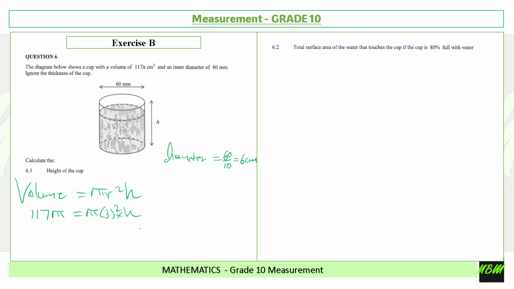And then we are going to divide both sides by pi times 3 squared, or 9 pi. Then we get 117 pi divided by pi times 3 squared, which gives us 13. 13 is equal to h. Therefore, the height of the cup will be equal to 13 centimeters.